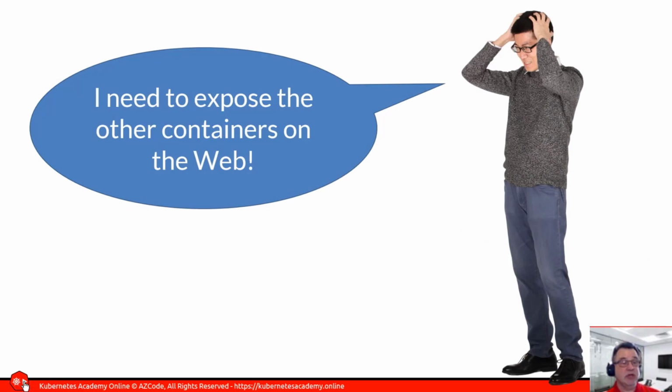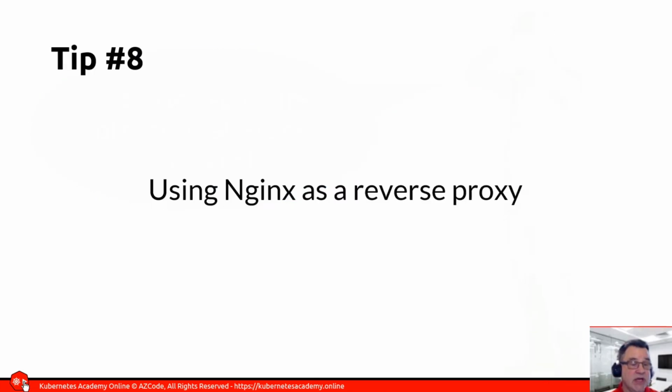I need to expose the other containers on the web. So let's say we are deploying a Docker Compose application with multiple APIs. Let's say I have two APIs, and I need to expose them on the web. How can I do that? Well, you can use a reverse proxy like Nginx to achieve this.